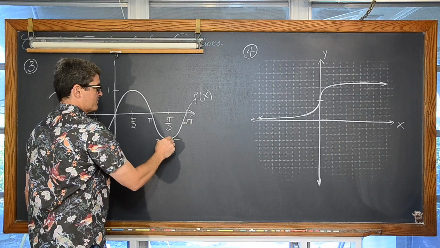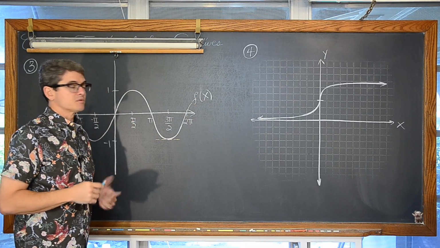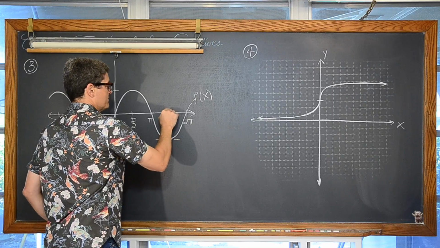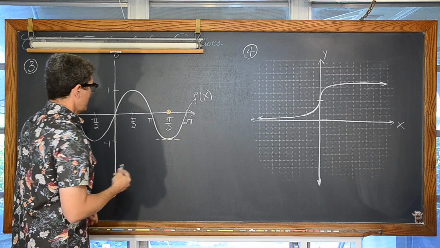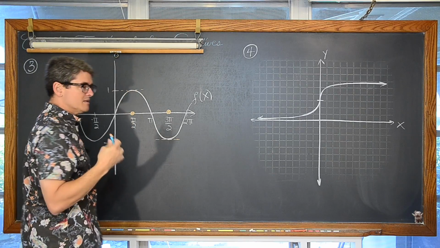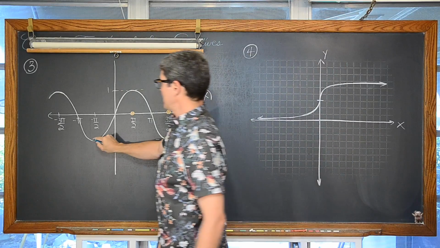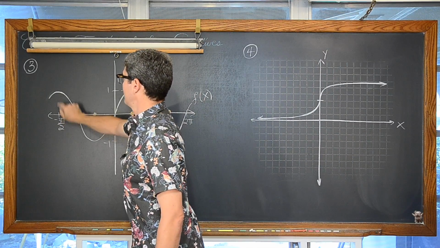So at 3 pi over 2, this function's slope is equal to 0. We better make sure our derivative passes through that point. And here we have a horizontal tangent line, so let's make sure our derivative gives us that slope of 0. And as well here, and as well here.